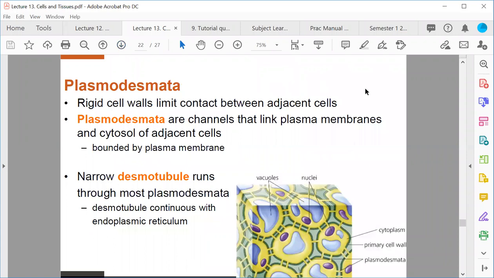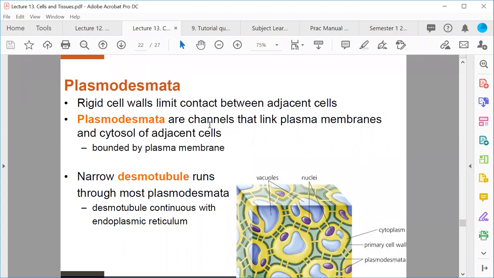Okay, so as we said earlier, plant cells tend to be quite closely connected to each other. And the rigid cell wall actually limits contact between the adjacent cells, but the cells are connected via these very fine little tubes that you can see here in between these cells. And those little tubes are called plasmodesmata.